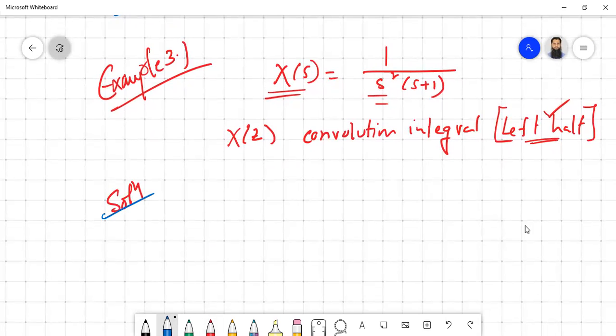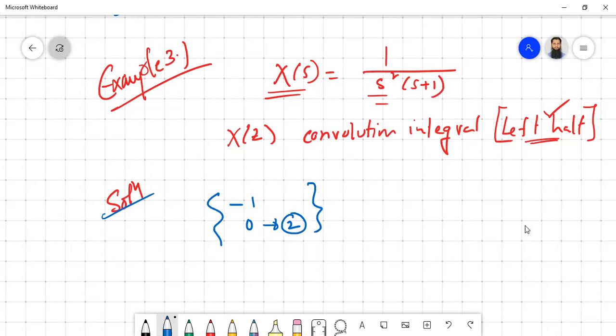Now we have two poles. One is a simple pole at minus 1, and one is a multiple pole at 0, so a multiplicity of 2. Okay, so these are the scenarios.